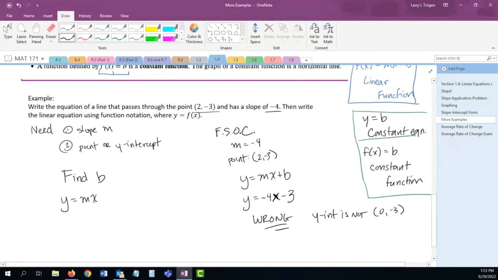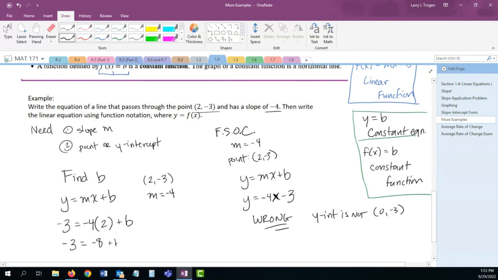So I got y equals mx plus b. If I have a point and I have the slope, I can plug all of the information in and then find whatever's left over. Well, the point is 2, negative 3, and then the slope is negative 4. Plug all that stuff in. Y is negative 3. M is negative 4. X is 2. And then do math.